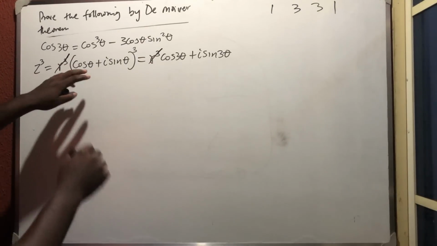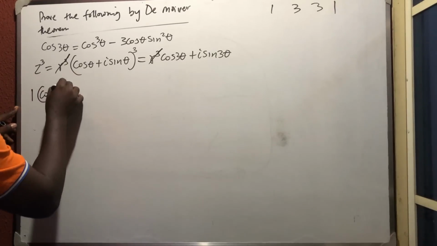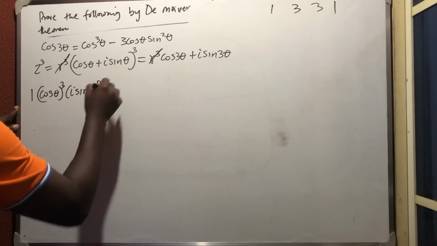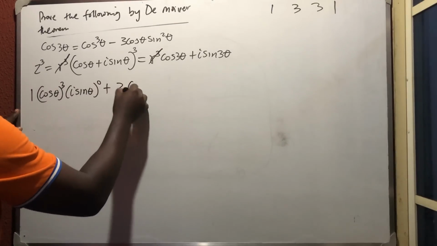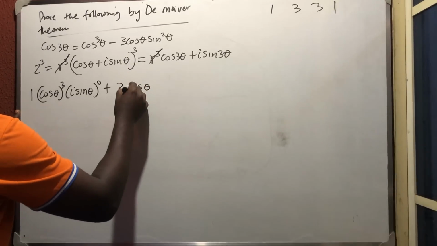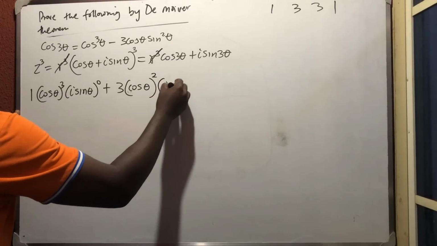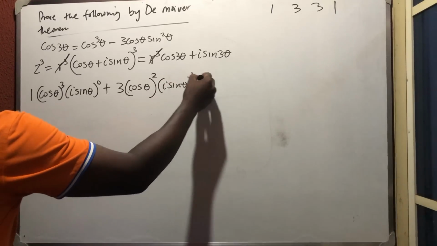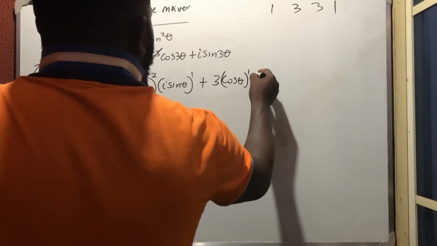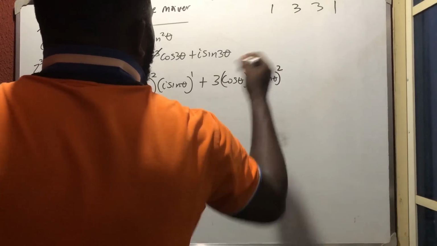To expand this, 1, then you put cos theta raised to power 3, while i sine theta is raised to power 0, plus the next one, 3 cos theta raised to power 2, while i sine theta is raised to power 1, plus the next one, 3 cos theta raised to power 1, while i sine theta is raised to power 2.